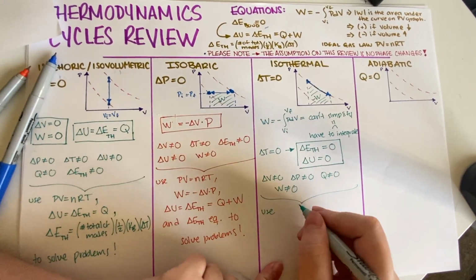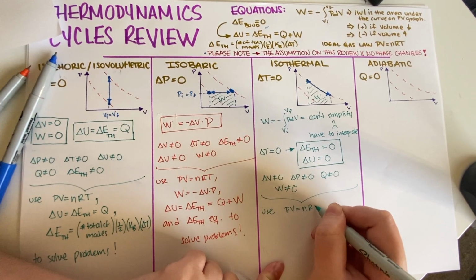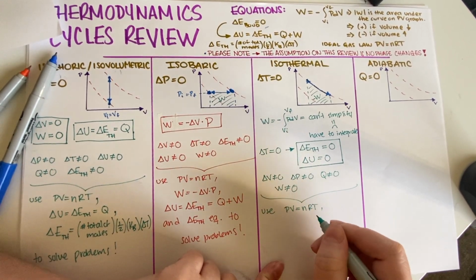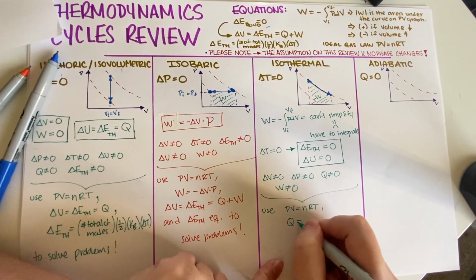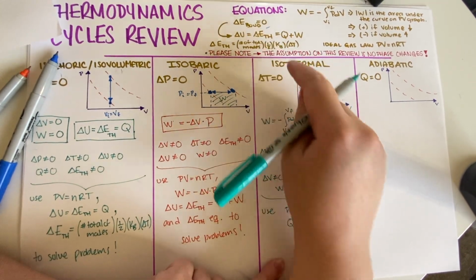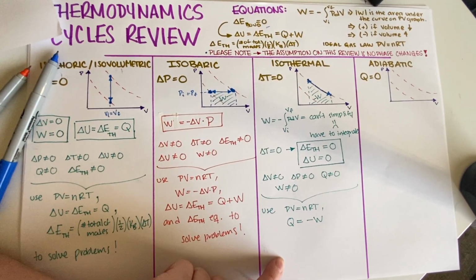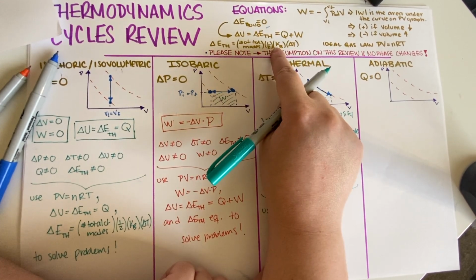So the equations that you would end up using are, of course, the ideal gas law. That's always going to be useful. This equation simplifies to Q is equal to negative W because E thermal is equal to 0. And this equation is not really useful because this is equal to 0.